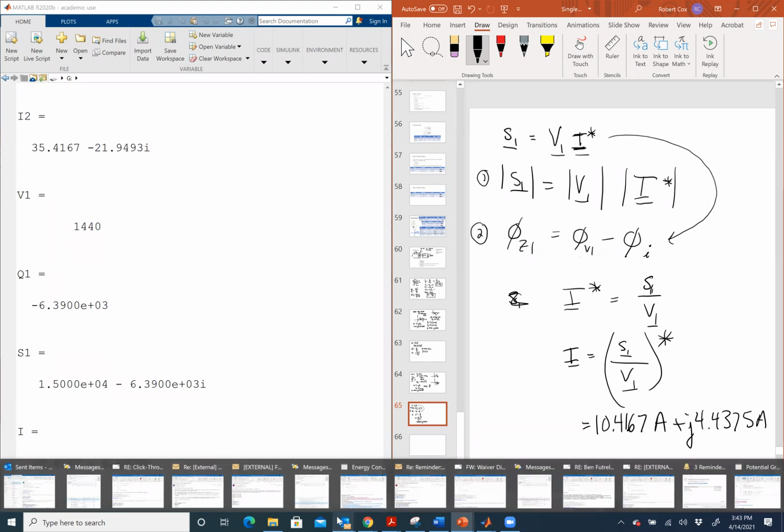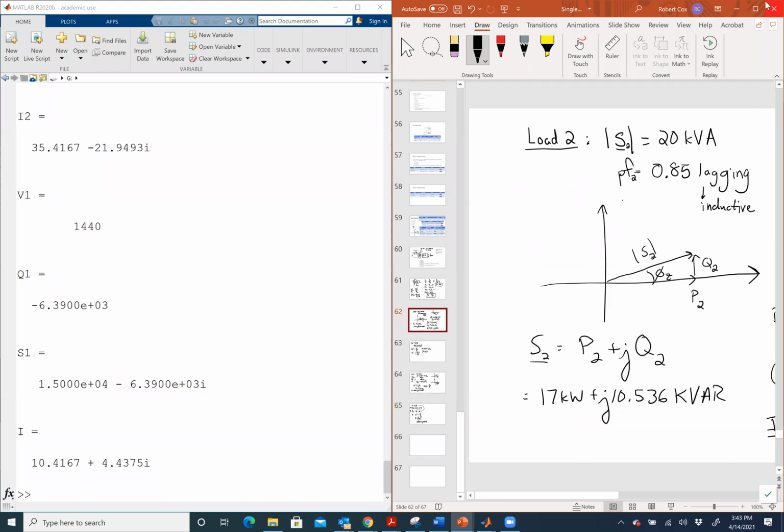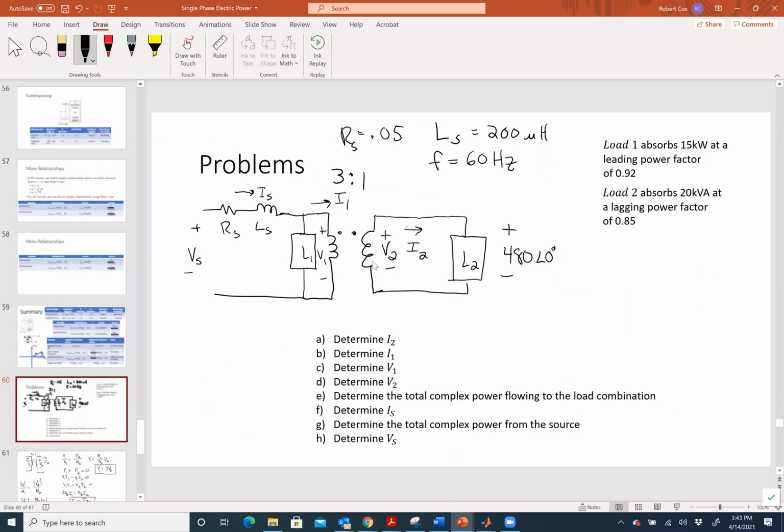Okay. Now, we're pretty much at the end here in terms of what we can do today, but let's talk about what else it asks me to do here. That should be enough to be thinking through on the homework, basically what we just did, to start thinking about the homeworks for next week. Now I want to start thinking about what's the current going through here. So I want to figure out things like, what's the total complex power coming out of that source?